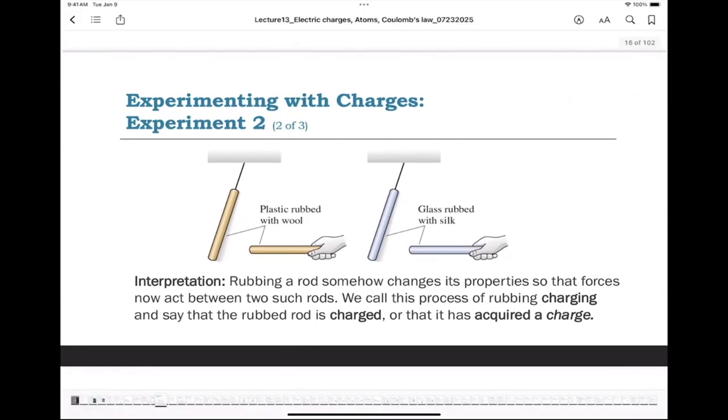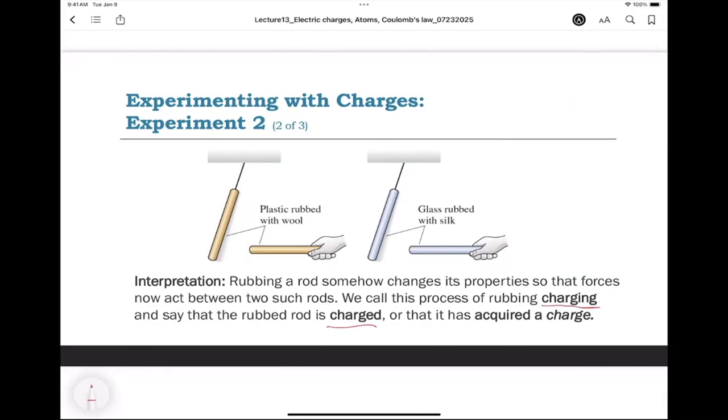Let's see why. Rubbing a rod somehow changes its properties so that forces now act between two such rods. We call this process rubbing charging. We say that the rubbed rod is charged, or that it has acquired a charge.